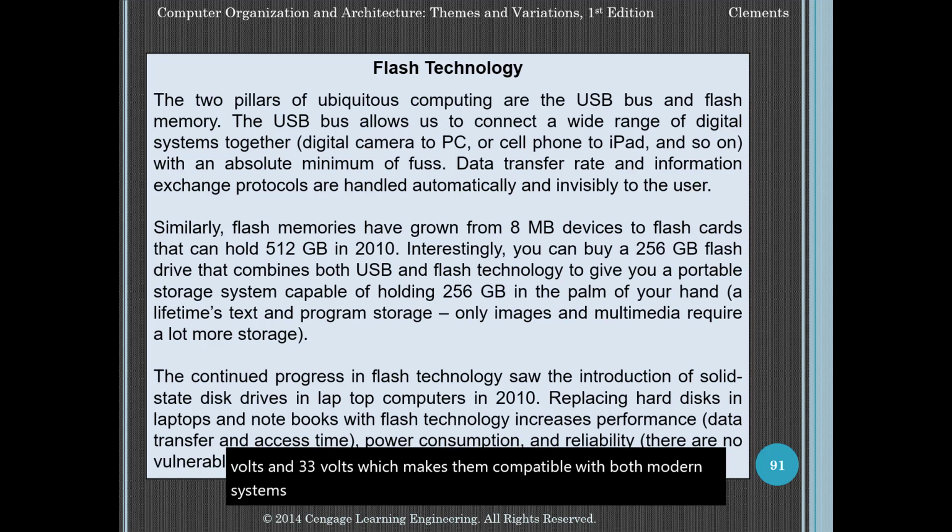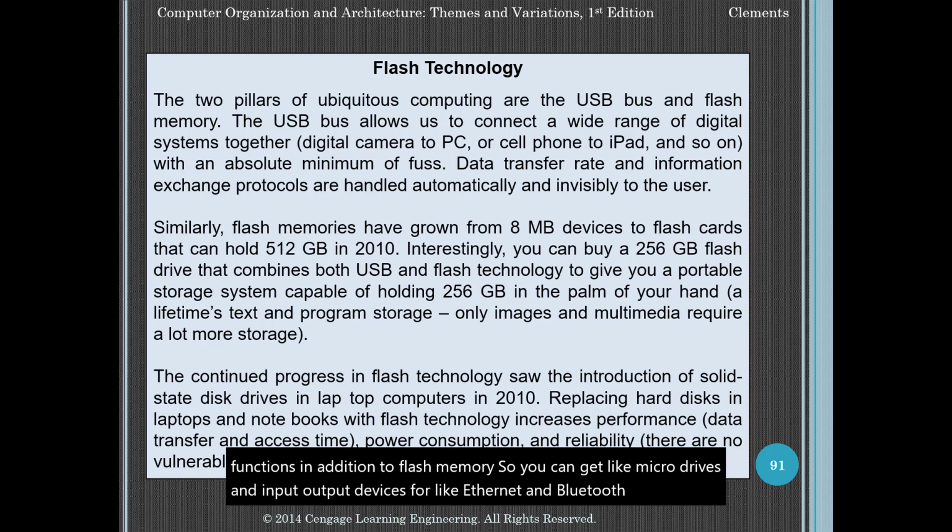And they've been adapted for other functions in addition to flash memory. So you can get micro drives and input-output devices for Ethernet and Bluetooth wireless adapters. And even if maybe you have a tablet or a cell phone that takes an SD card, it allows you to add some more storage.